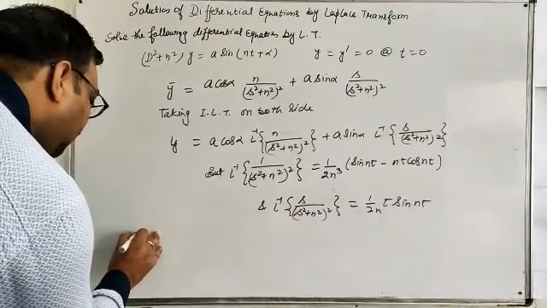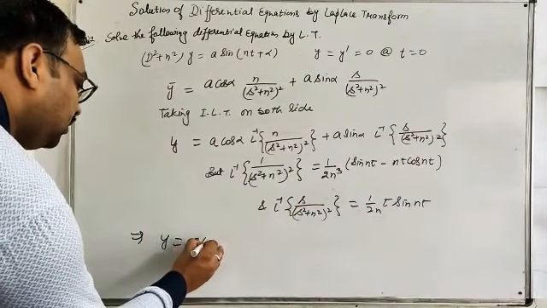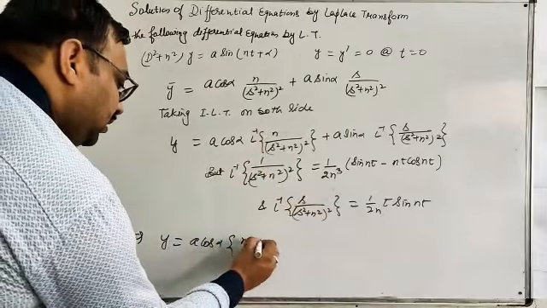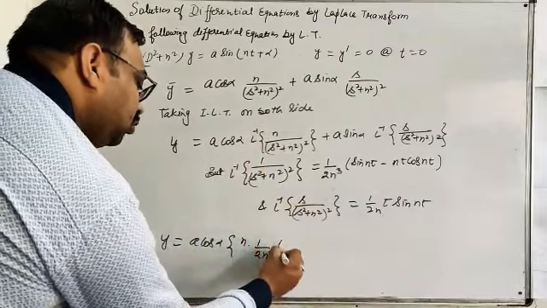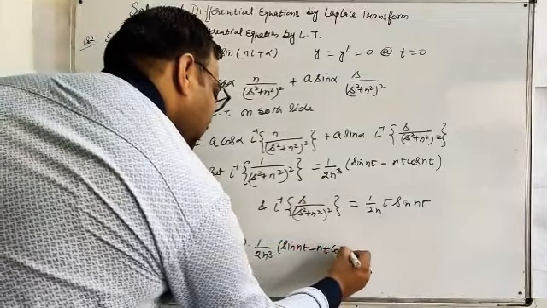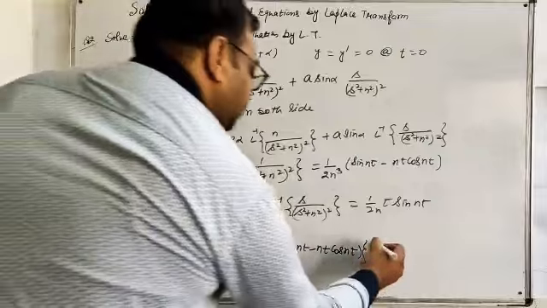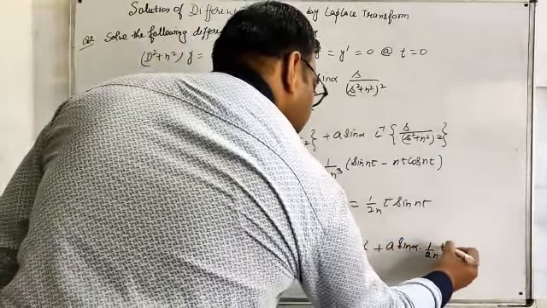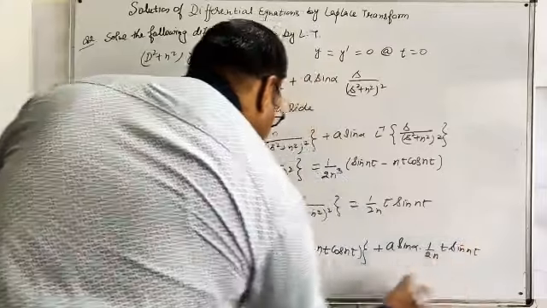So y is equal to a cos alpha into n into 1 upon 2n cube (sin nt minus nt cos nt) plus a sin alpha into 1 upon 2n t sin nt.